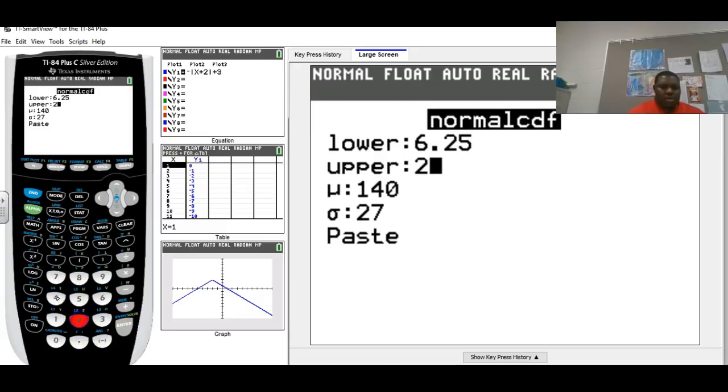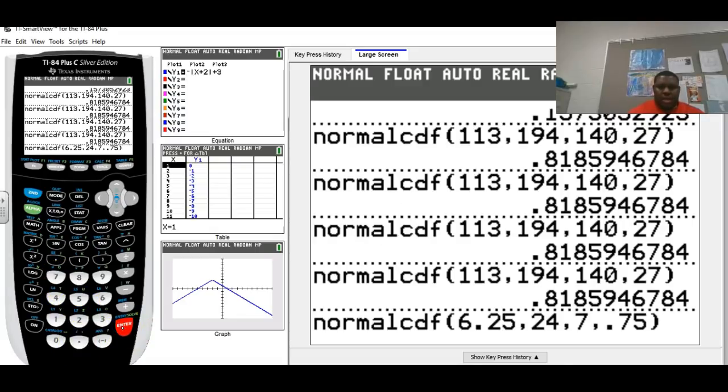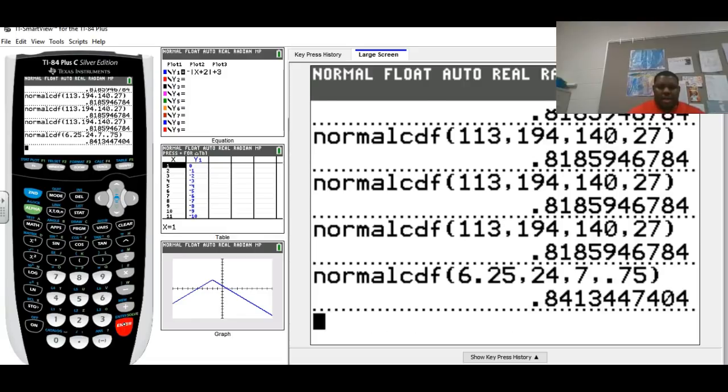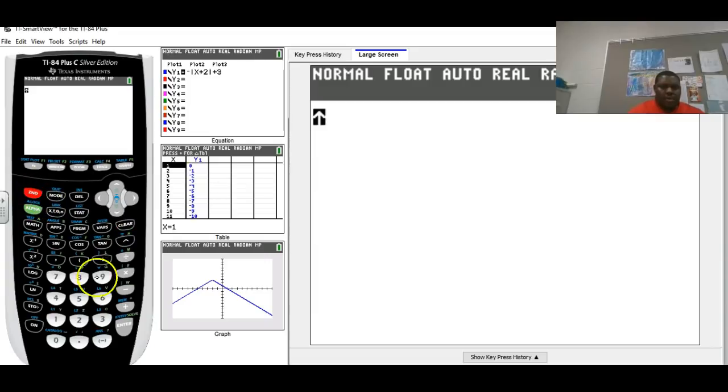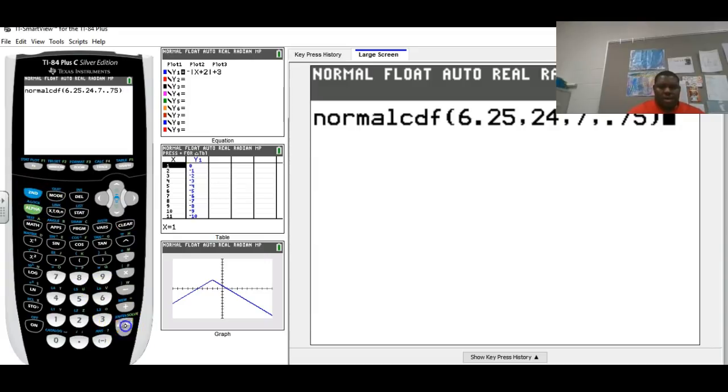Upper bound, let's just go 24 hours because it's 24 hours in a day. The mean was 7, and the standard deviation is 0.75. So it should look like that. And when we hit enter, let me clear this off so y'all can see the one problem that we're working on.